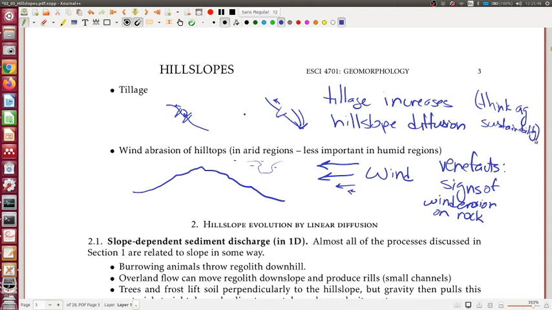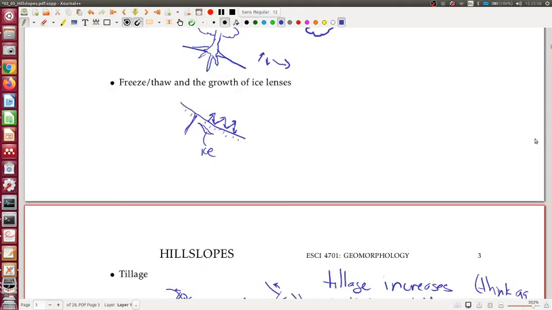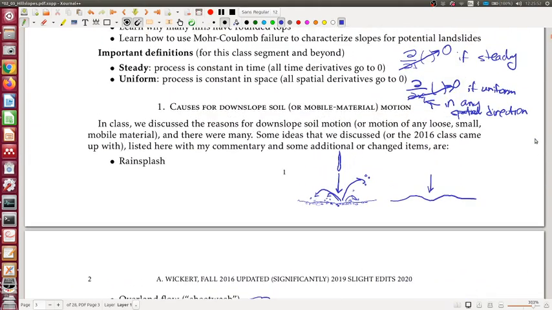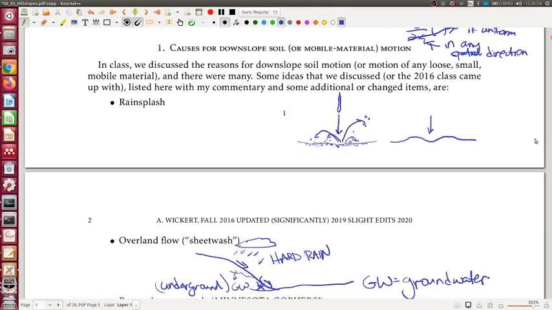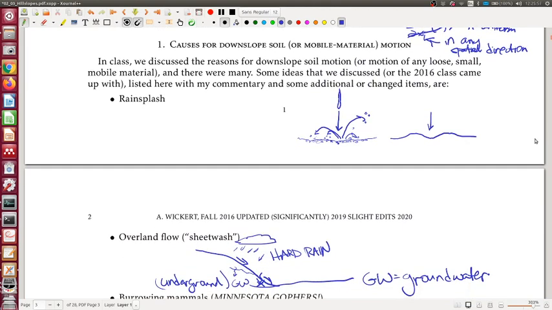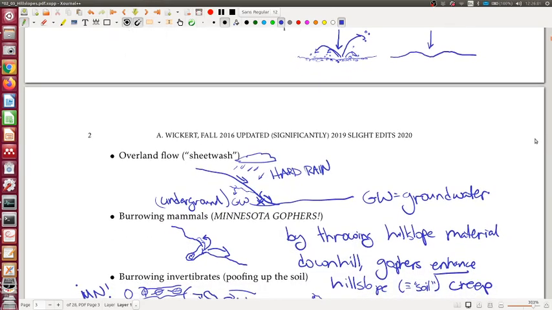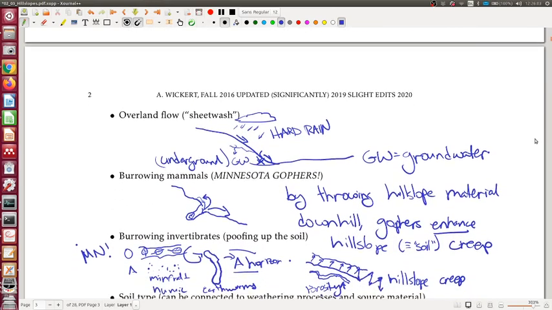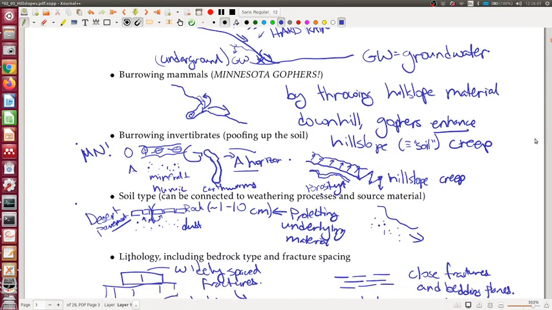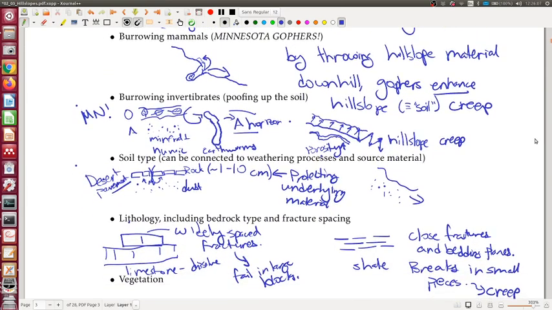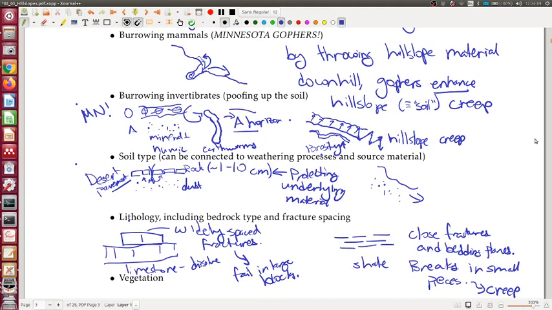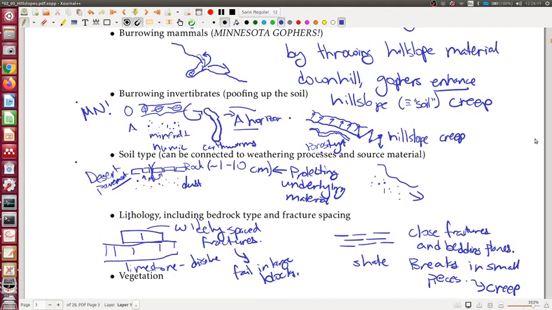So all these processes together that I've just discussed, I'm just going to scroll back up so we can talk through them, all cause downslope mobile material motion. So there's rain splash, overland flow causing sheet wash, burrowing mammals, burrowing invertebrates. Different soil types impact the rate at which soils can move downslope, as well as the mechanism, whether it's through big mass failures or dissolution or gradual creep.